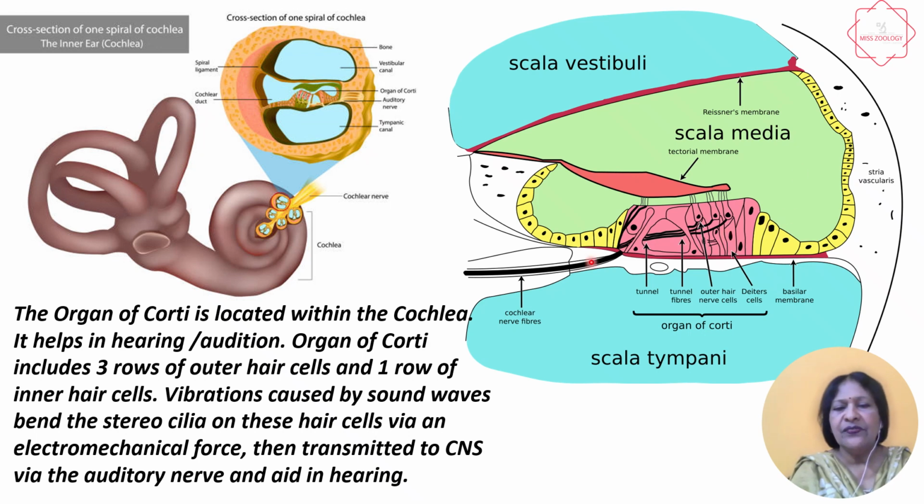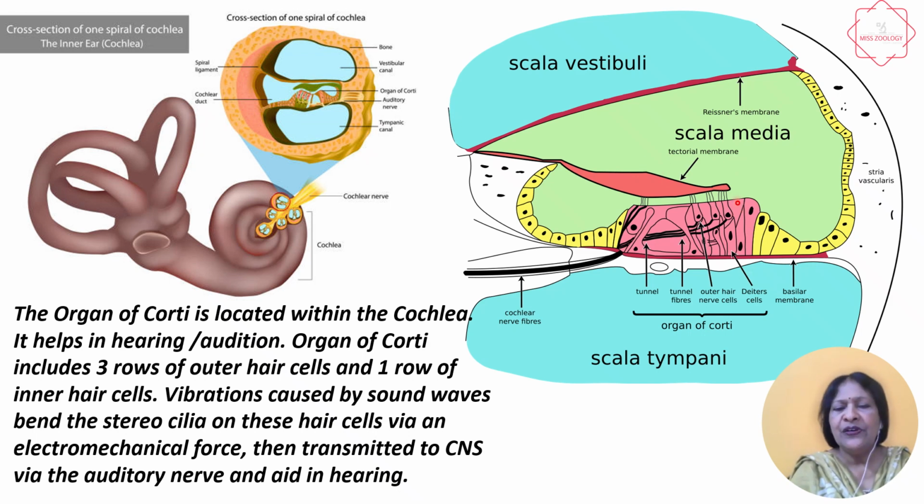This organ of Corti is made up of sensory cells with tufts of hair-like structures, at the tip having stereocilia. They are very closely in contact with a very sensitive membrane called the tectorial membrane.